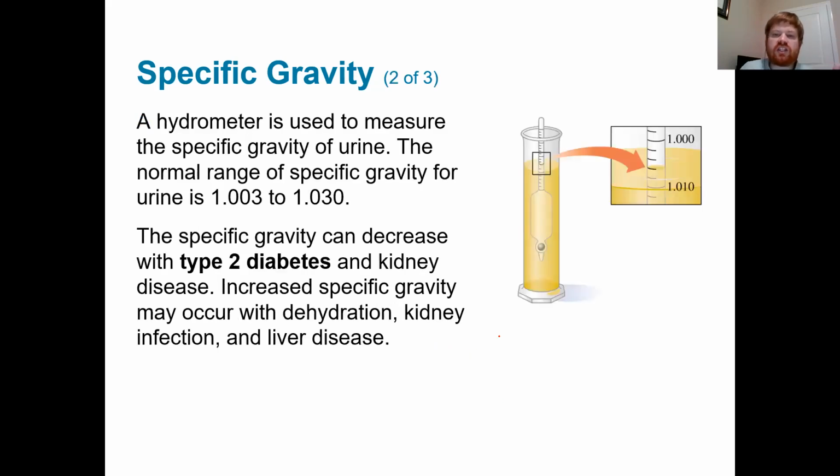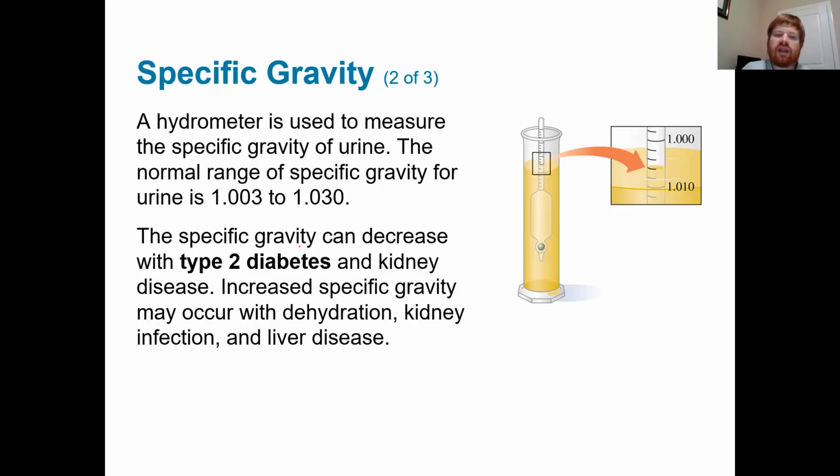Now, why this is important is because this is how we compare. Basically, we can figure out the density of urine using this hydrometer. The density of urine can tell you a lot about a patient's health. The normal range is going to be from 1.003 to 1.030.